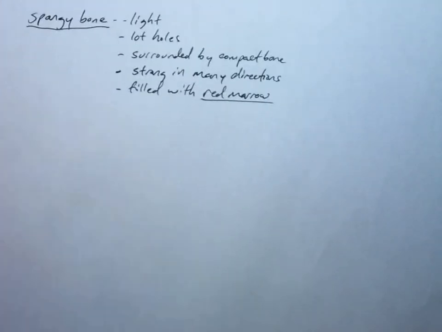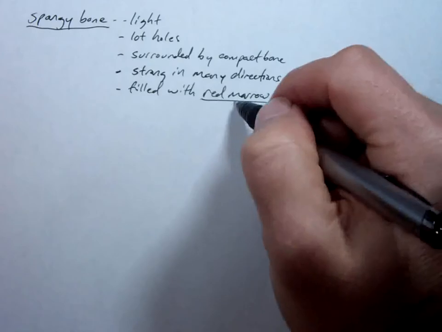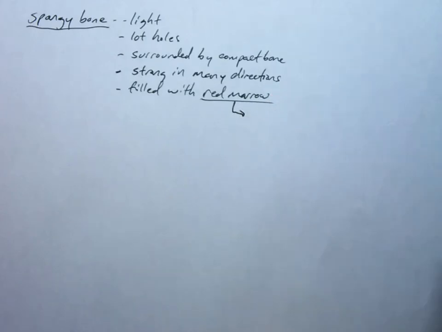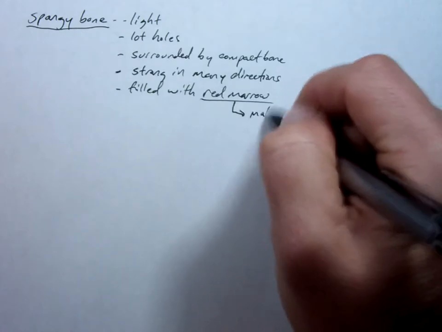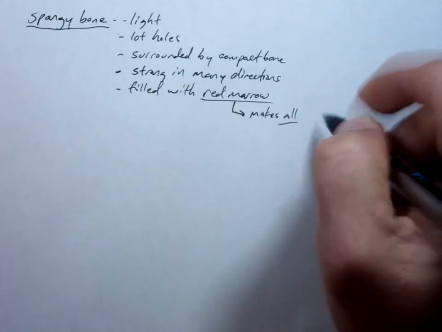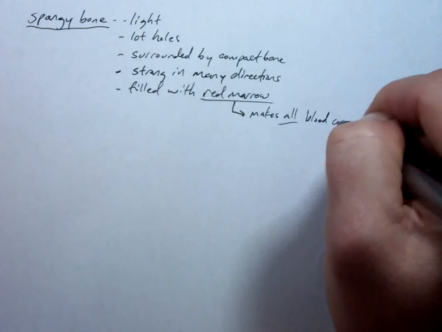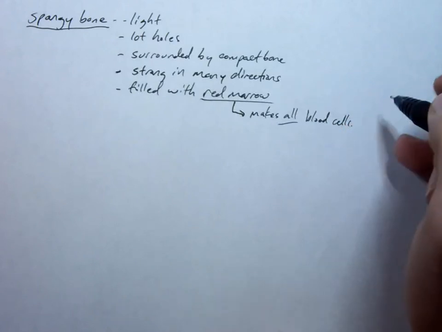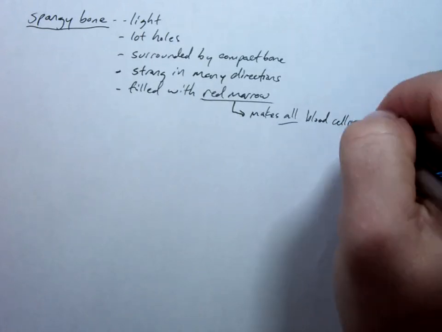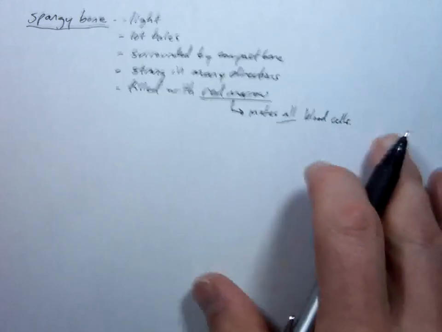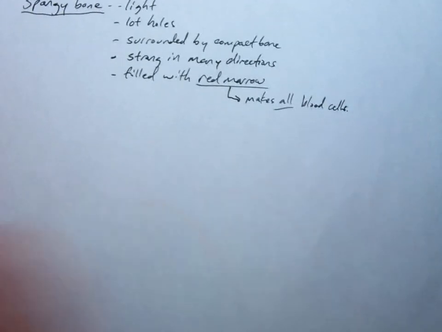Now, red marrow is red because of what? Blood cells. Red marrow makes all blood cells. Okay, red blood cells, white blood cells, platelets, all of them are generated in your red bone marrow. And the quantity is just staggering.